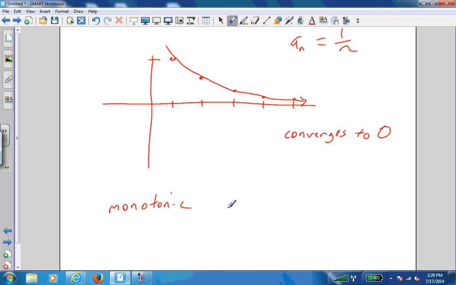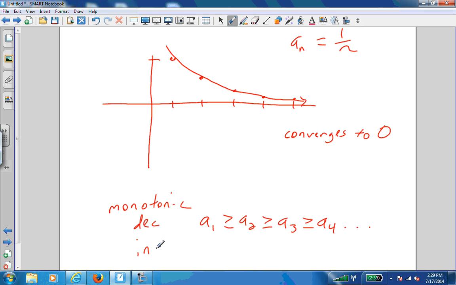So we could say that A1 is bigger than or equal to A2. A2 is bigger than or equal to A3. A3 is bigger than or equal to A4, and so forth. That would be a monotonically decreasing sequence. Each value is getting smaller and smaller and smaller.